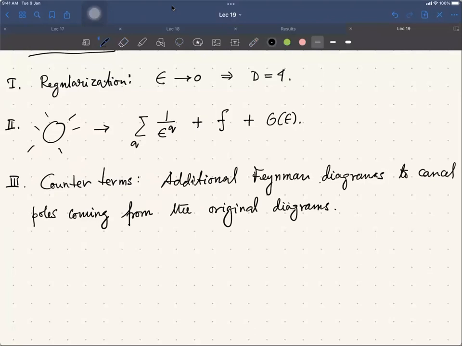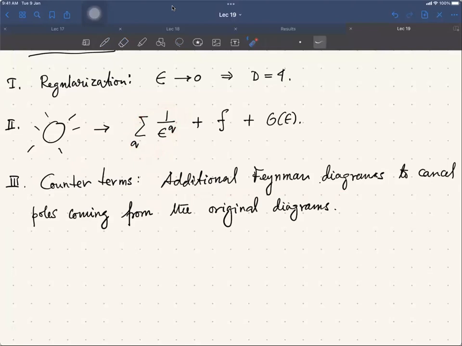Now, of course, there is also a choice involved, because when one adds additional Feynman diagrams, one could choose to cancel only the pole, but one could also choose to add a finite piece that will also cancel the divergence. What we need is to cancel the divergence. That process doesn't fix a finite term.